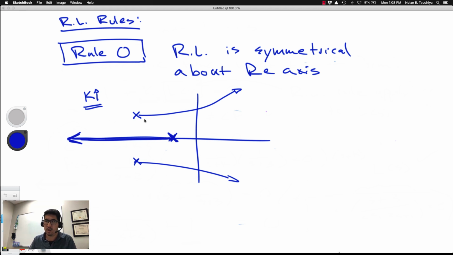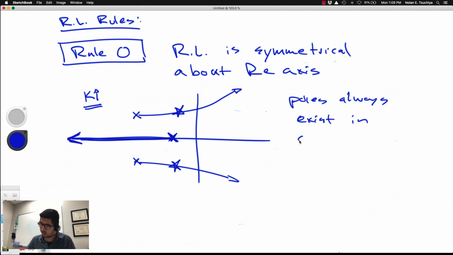Now, poles on the real axis, those are what they are, but poles in the complex plane are complex poles, which means they always exist in conjugate pairs, right? So if there's a pole here at, say, minus sigma plus omega j, there must also be a pole down here at minus sigma minus j omega, right? So the reason this is true is that poles always exist in conjugate pairs, which makes sense, right?